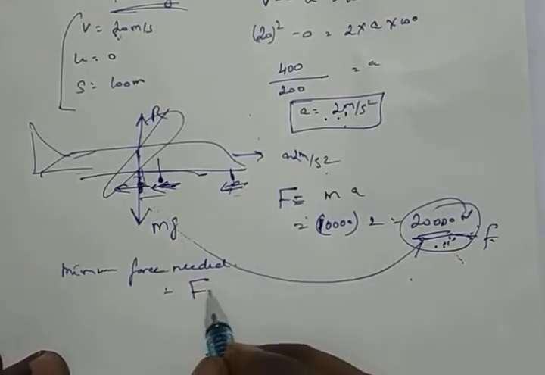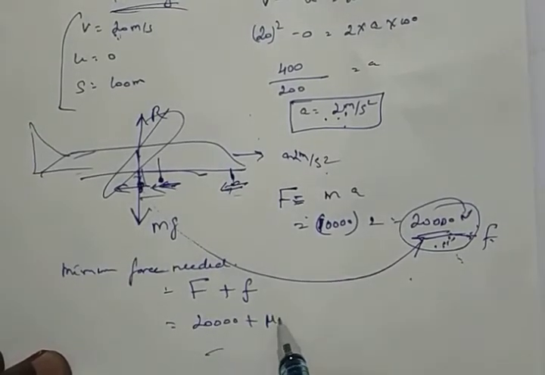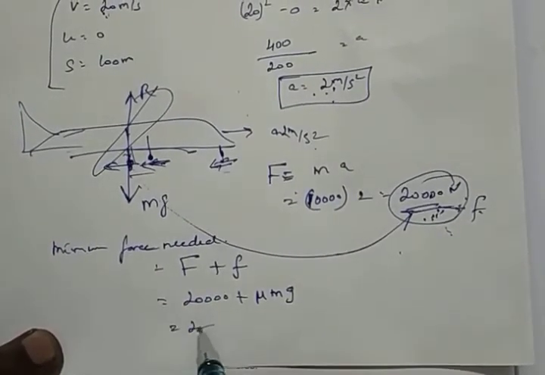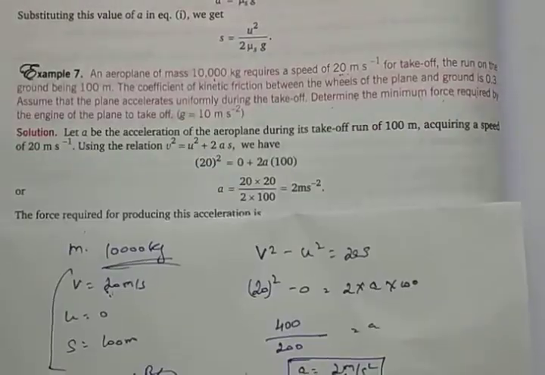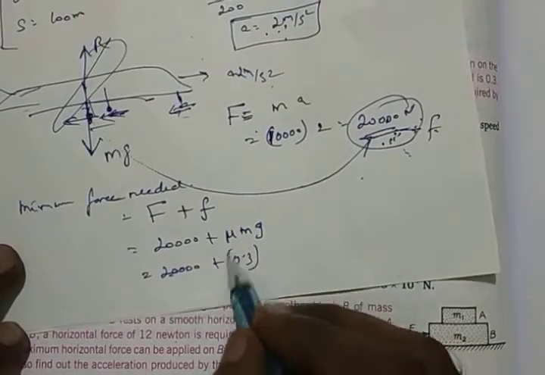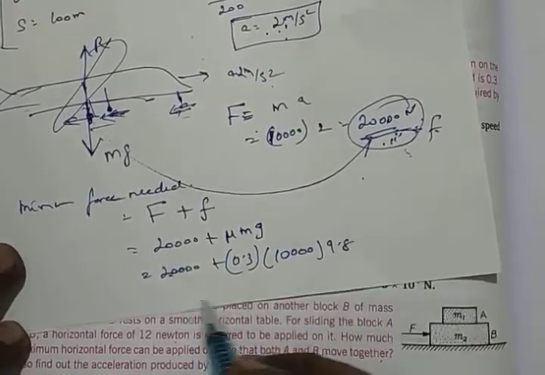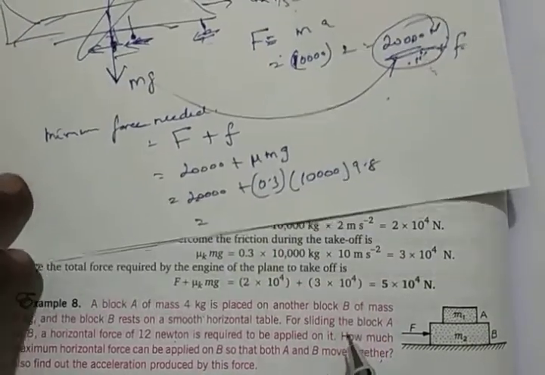Minimum force needed is equal to external force plus frictional force. 20,000 plus mu into m into g. What is the mu value? Mu value is 0.3, into 10,000 into 9.8. So what value will you get here?